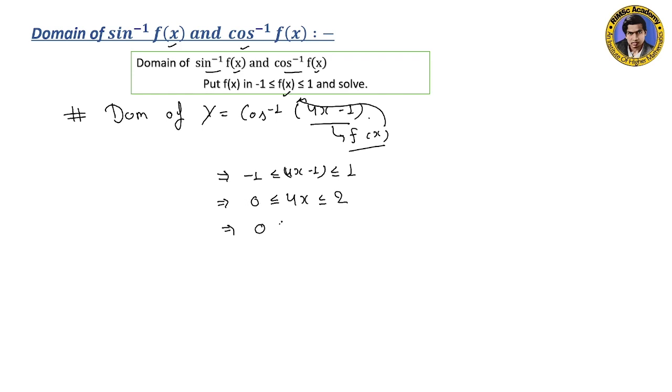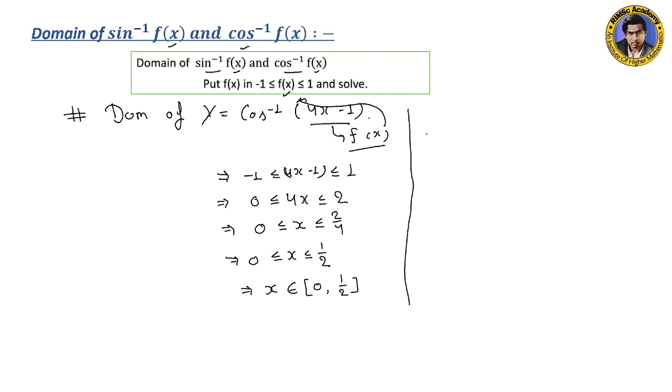So this is 0 less than or equal to 4x less than or equal to 2. Now we divide by 4 on both sides. So 0 less than or equal to x, 4 by 4 cancels out, and this is 2 by 4. So 0 less than or equal to x less than or equal to 1 by 2. This is our domain. It means x belongs to the closed interval 0 to 1 by 2. So this is our domain of cos inverse (4x minus 1).